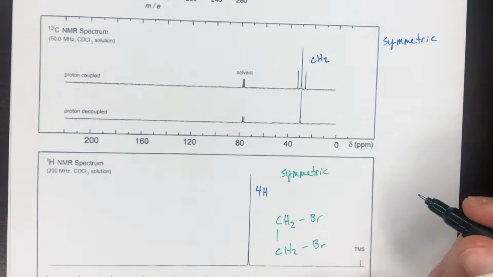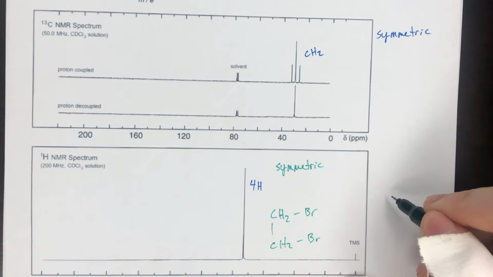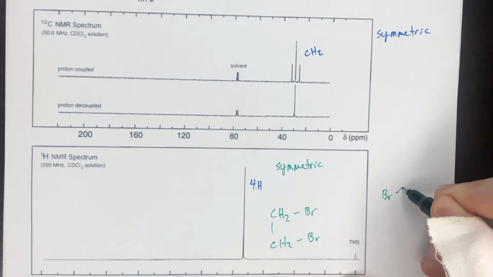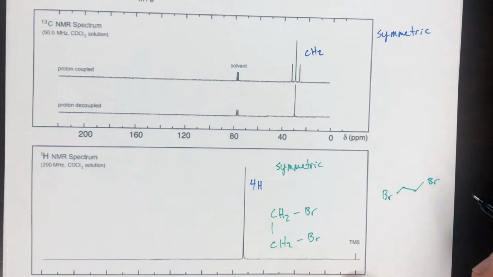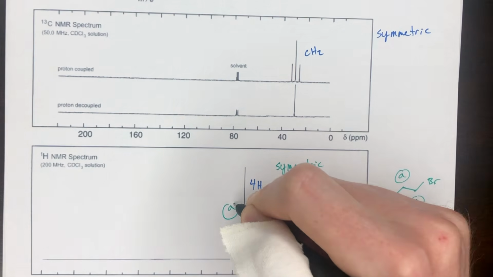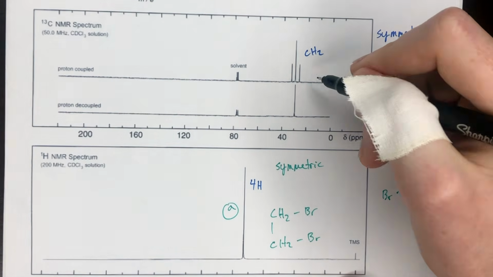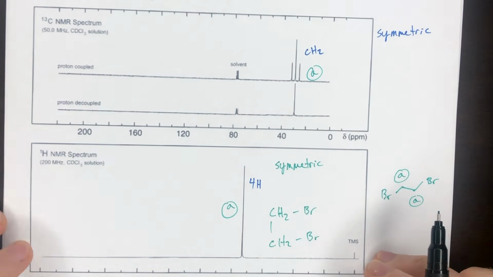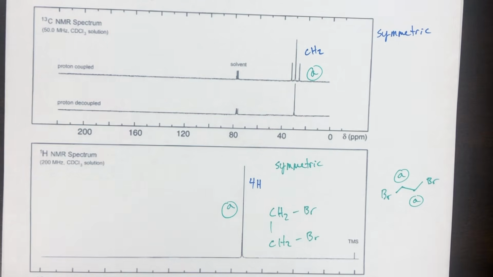So if we put this into what you should show on an exam or something, it would look like this. There's your structure, and then this is the only signal, right? These are the same thing. They appear there, and then A is the same carbon up here. That is a CH2.